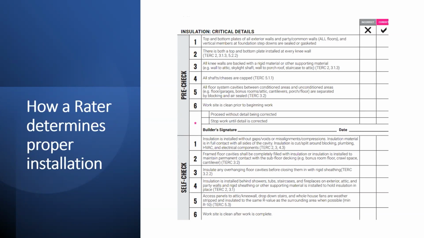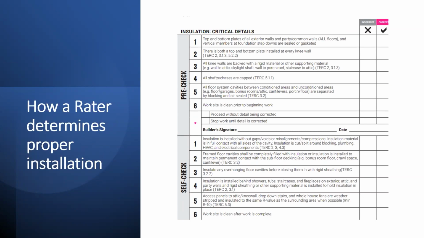There is both a top and bottom plate installed in each knee wall. All knee walls are backed with rigid material. It's also looking at skylight shafts, walls adjacent to porch roofs, staircases to attics, staircases to unconditioned garages. All shafts and chases are capped. All floor system cavities between conditioned and unconditioned floors are separated, blocked and air sealed.